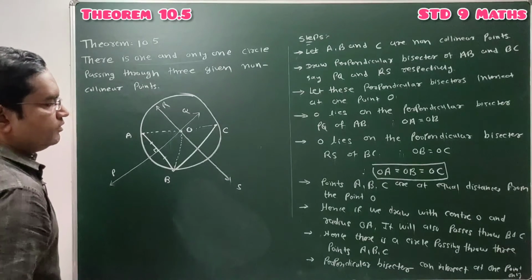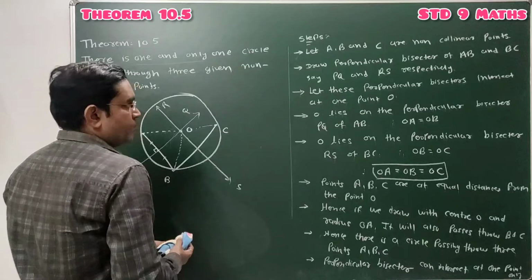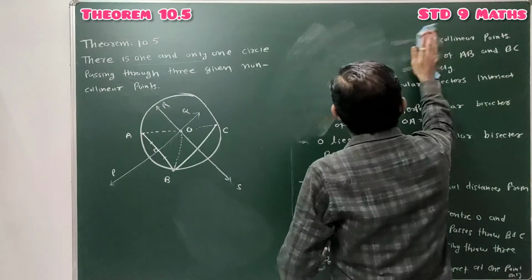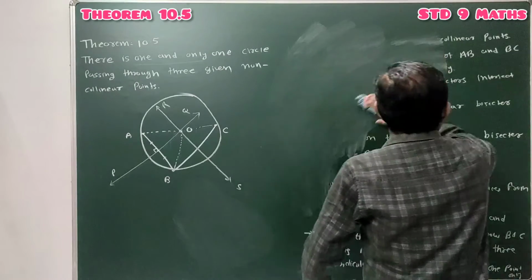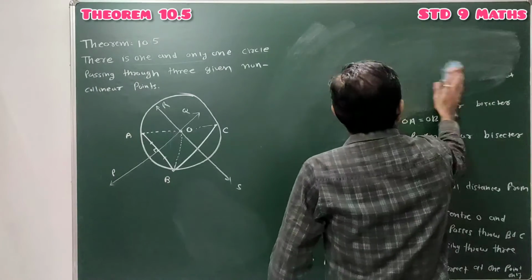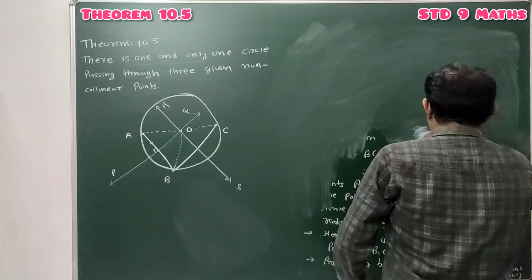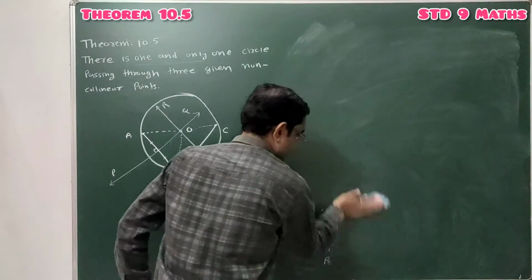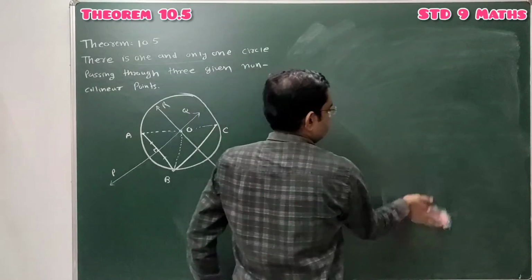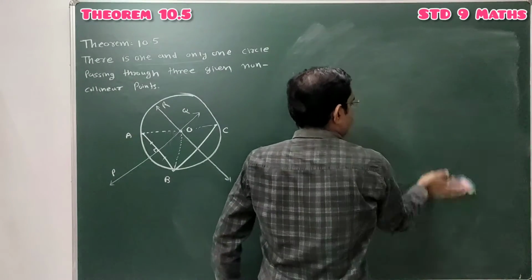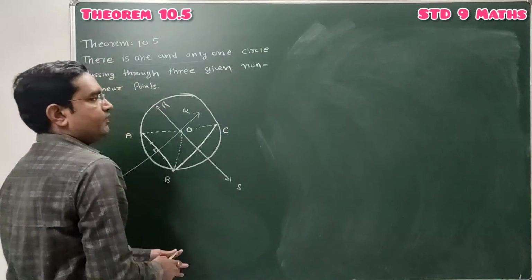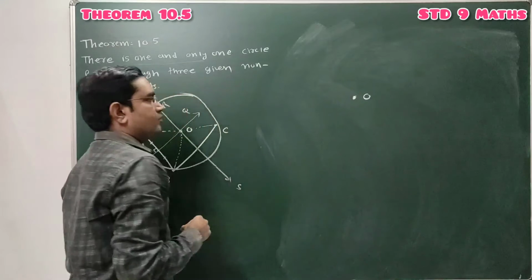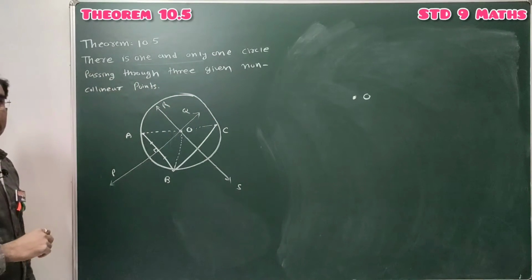Now there are another 2 points that you have to remember. This was about the 3 points in a plane. Then what about 1 point and 2 points in a plane? Suppose 1 point in a plane is given, then how many circles can pass through it? If I put only 1 point in a plane, then from this given point O, how many circles can pass through it?